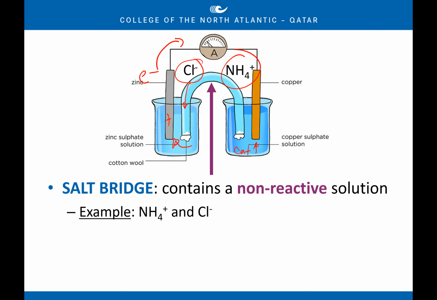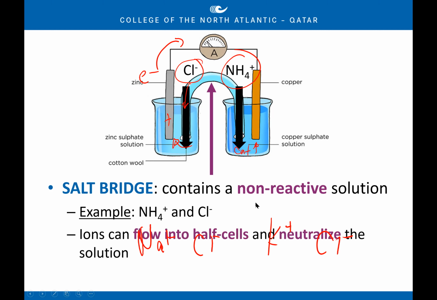So the salt bridge typically contains a non-reactive solution. You'd like to keep it non-reactive so you don't have anything dangerous happen on the side. It could be sodium chloride. I've seen potassium chloride, or in this case, we have ammonium chloride. Ooh, stinky solution, but a good one.